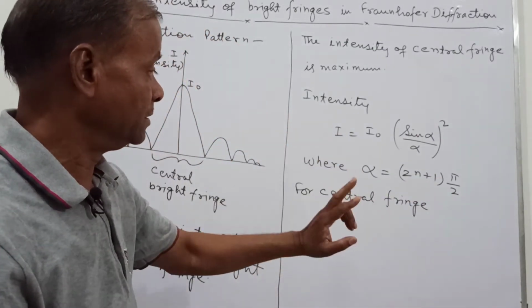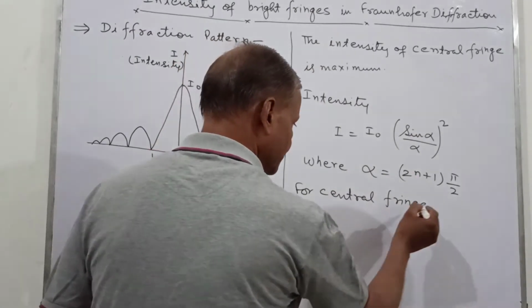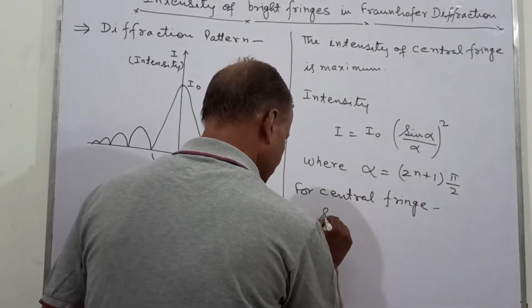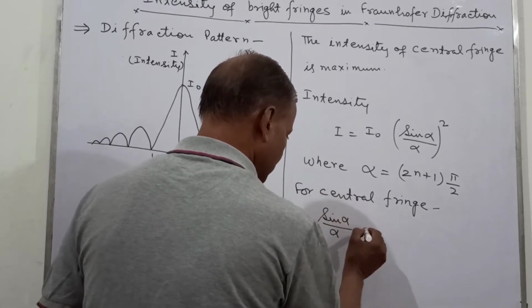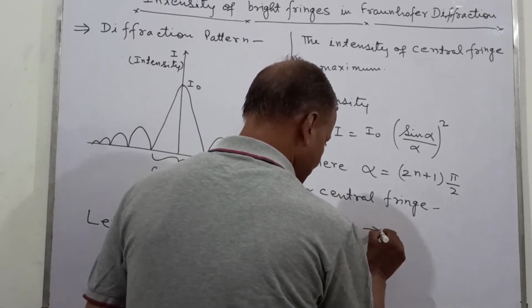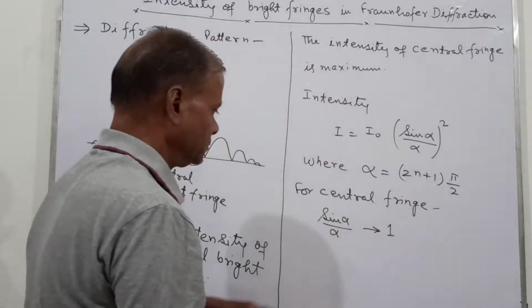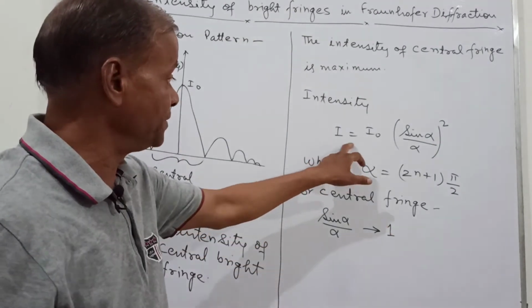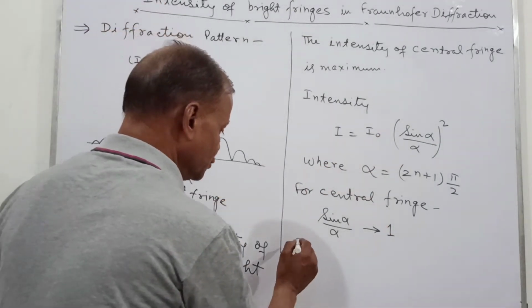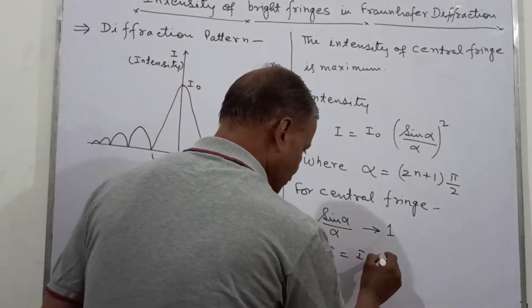Or we can say that this sin alpha upon alpha tends to 1. Sin alpha upon alpha tends to 1. So I is equal to I naught, I equals I naught maximum.